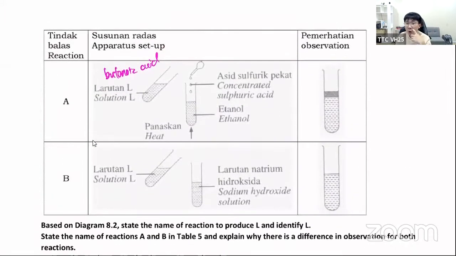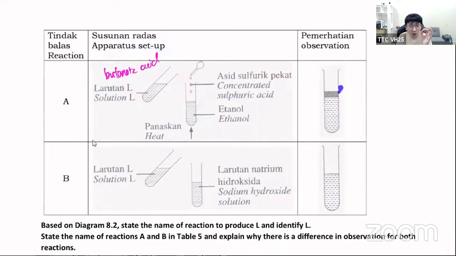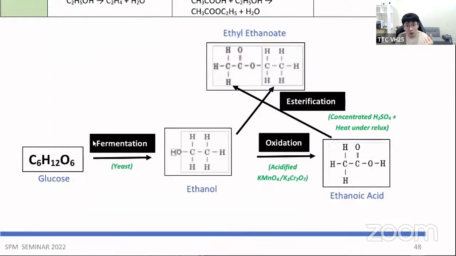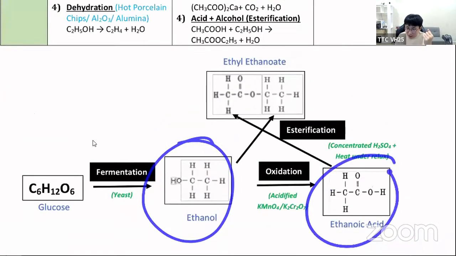Let's look at A first. What reaction do you think this is? I take carboxylic acid plus alcohol. Guys, any idea? And if you're not sure, do you remember what is the chemical that will float after it is produced? Technically, guys, it's your ester, because ester is less dense. And if you don't remember, again, your notes are there to help you. Do you see alcohol plus carboxylic acid?